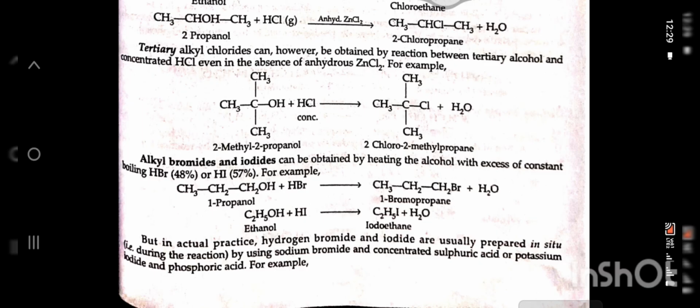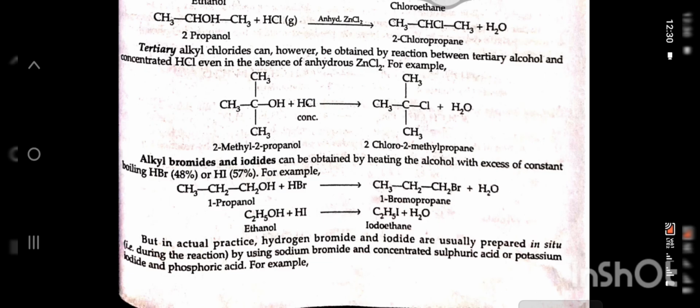Alkyl bromides and iodides can be obtained by heating the alcohol with an excess of constant boiling HBr, 48%, or HI, 57%. For example, 1-propanol in the presence of HBr gives 1-bromopropane, or ethanol in the presence of HI gives iodoethane.